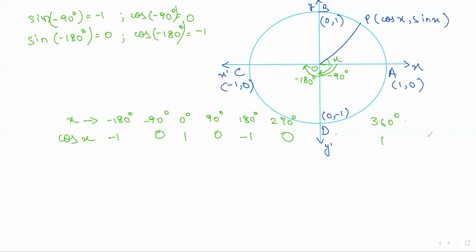The next value will again be 0, then minus 1. This process repeats itself. What are the corresponding values for sine?